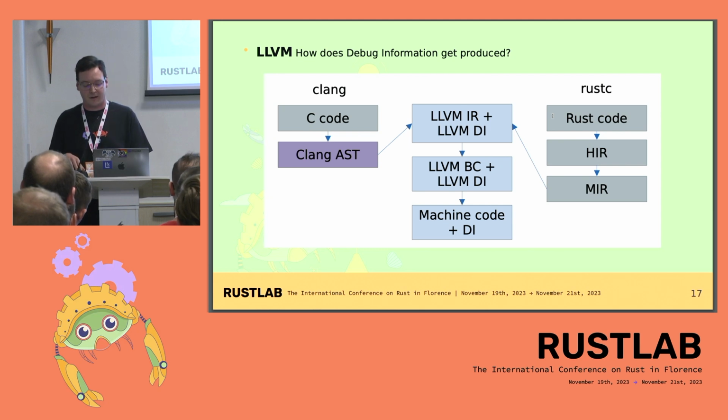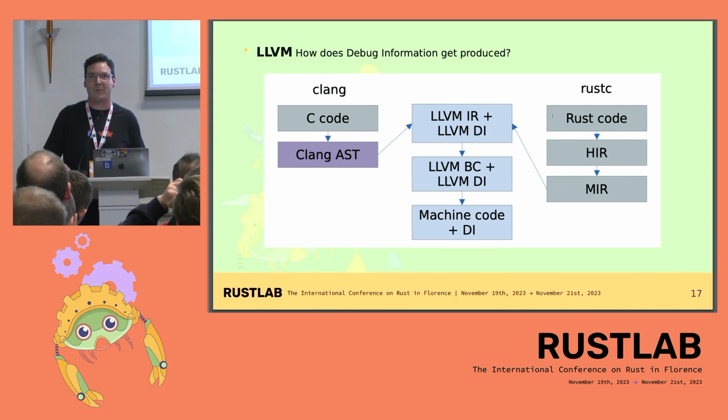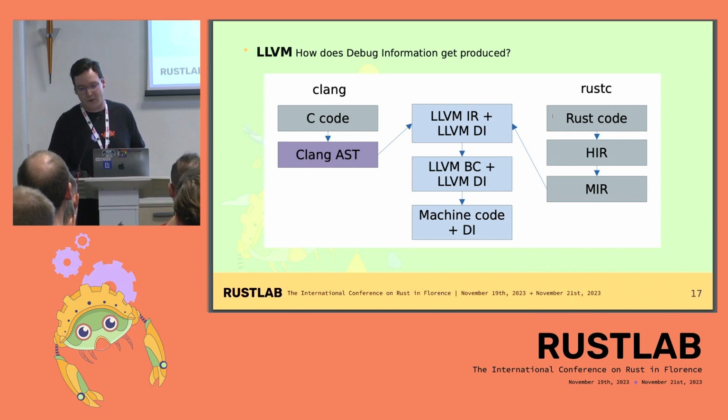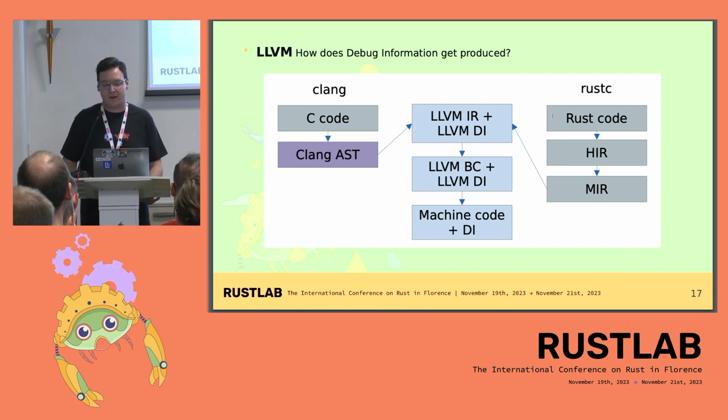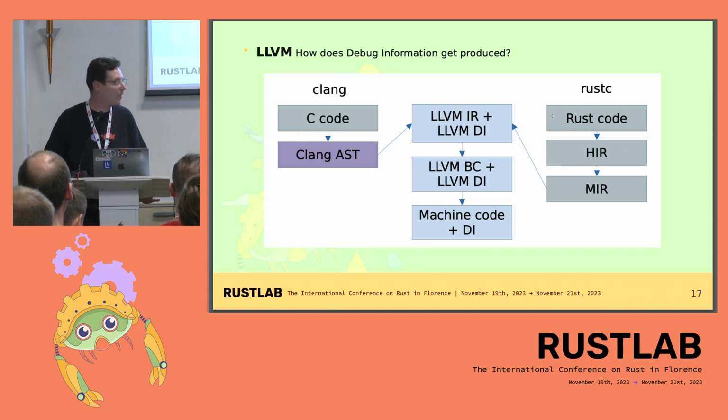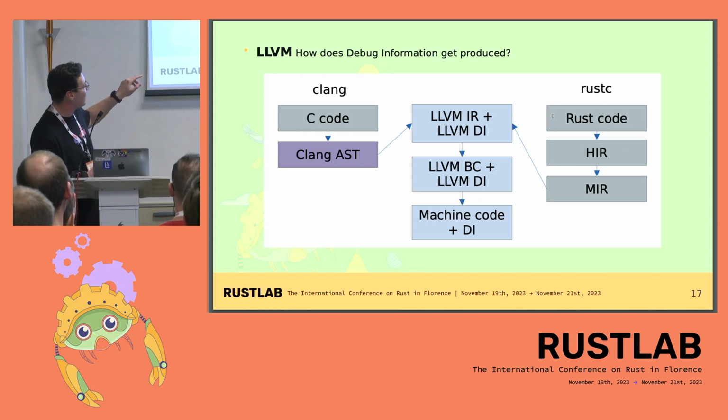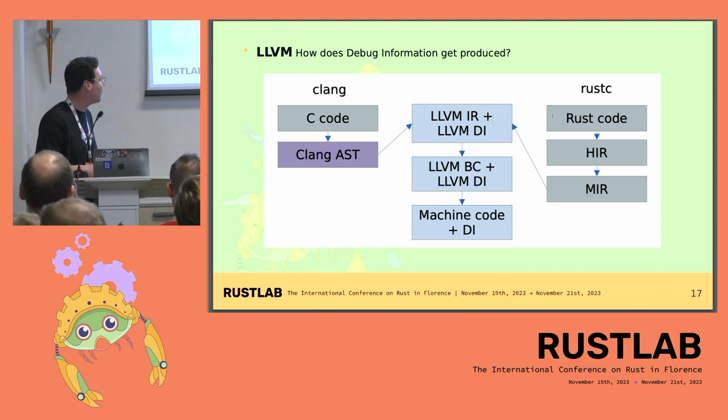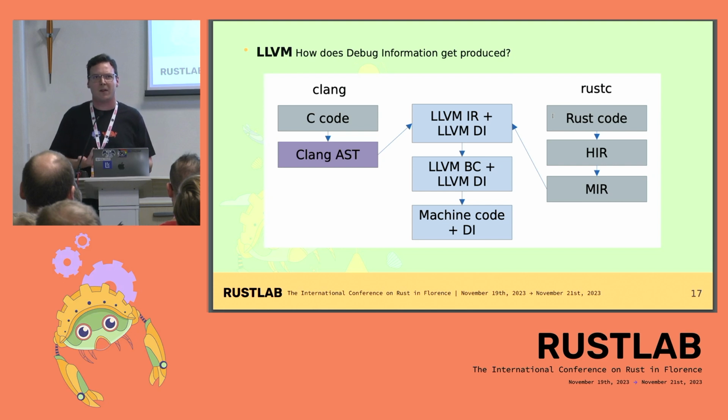Alongside IR, you also have LLVM debug info, which is a representation of the debug info I mentioned, and is the last step before converting into the final format like DWARF or BTF. So when you have the last step, machine code plus DI, the conversion to either BTF or DWARF happens at that exact last stage. Before that, it's just the LLVM DI format.